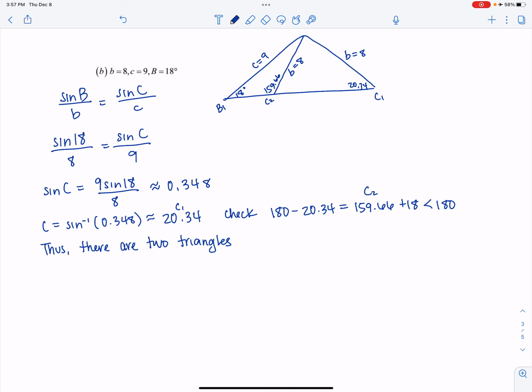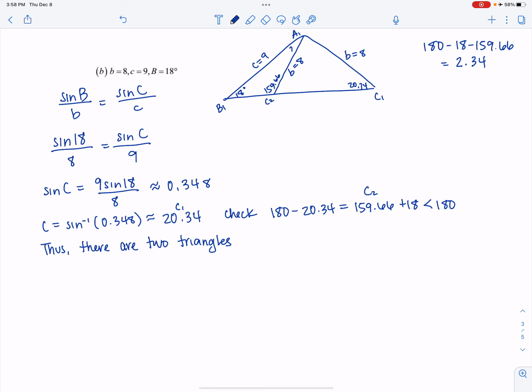So now we can find our A1. We'll do A1 up here by taking 180 and subtracting the 18 and the 159.66 out of the smaller triangle, and that will give us 2.34.